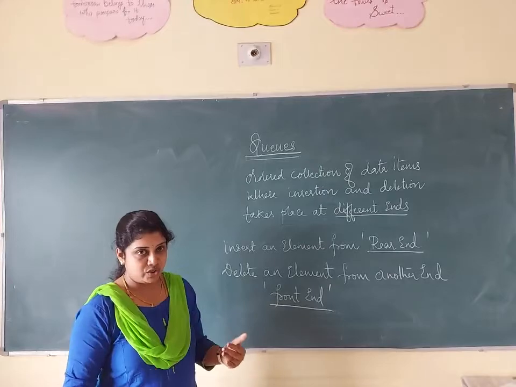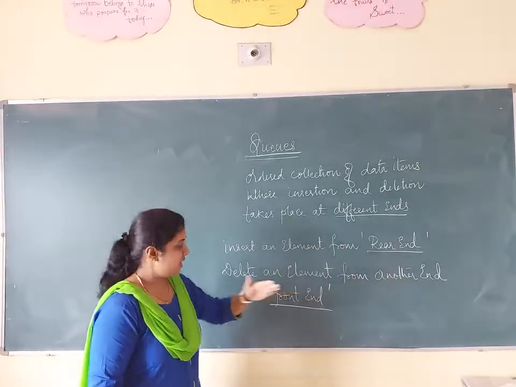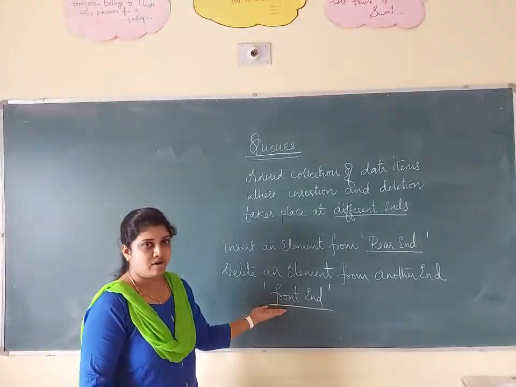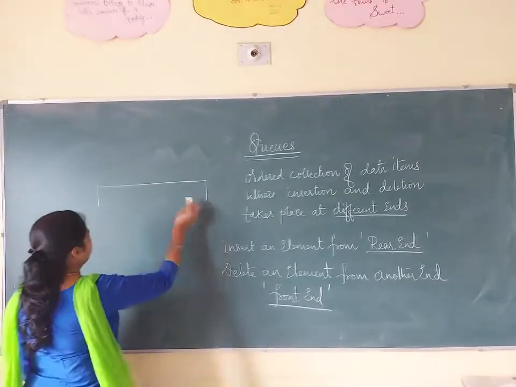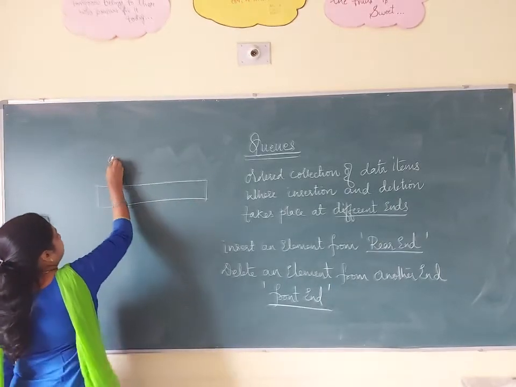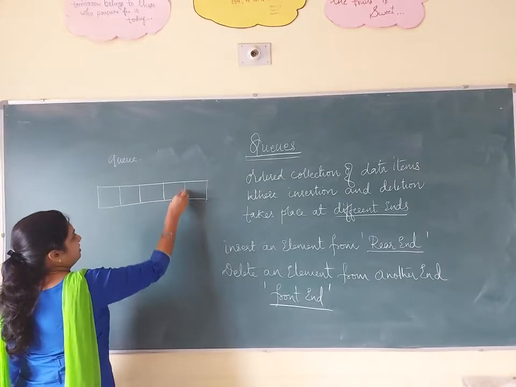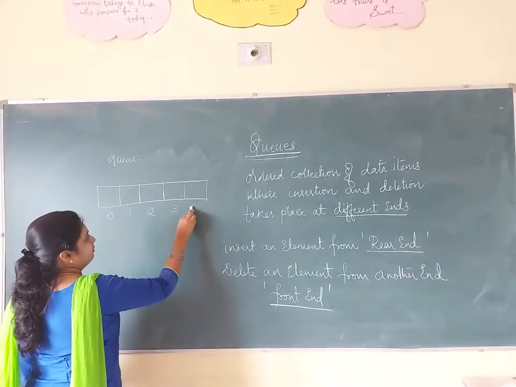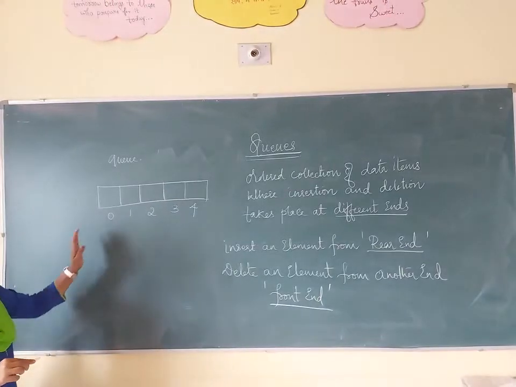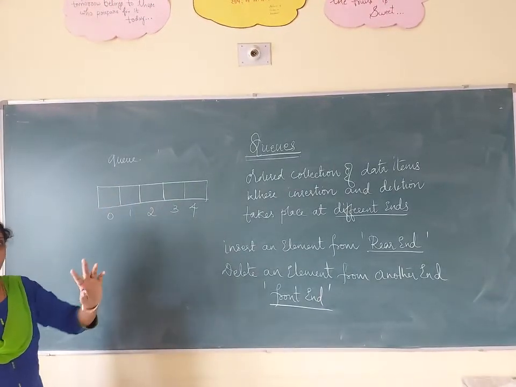And how we are going to delete? Delete an element from another end. That end we are calling as front end. See, consider this is queue. I am taking array size 0, 1, 2, 3, 4. Consider if it is a queue, we have two ends.